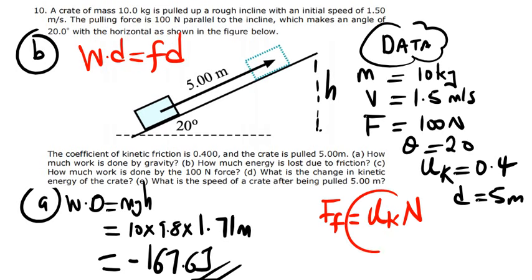We've already been given the coefficient of kinetic friction, which is mu k. We have to find the normal force. The normal force, we know that it is mg. The mass, we've been given that it is 10, multiplied by the acceleration due to gravity.